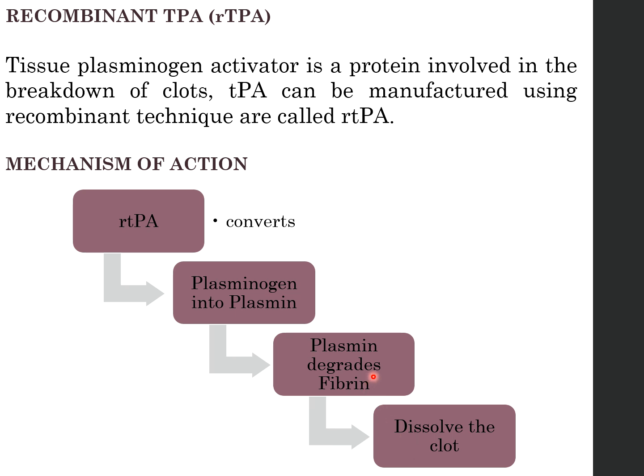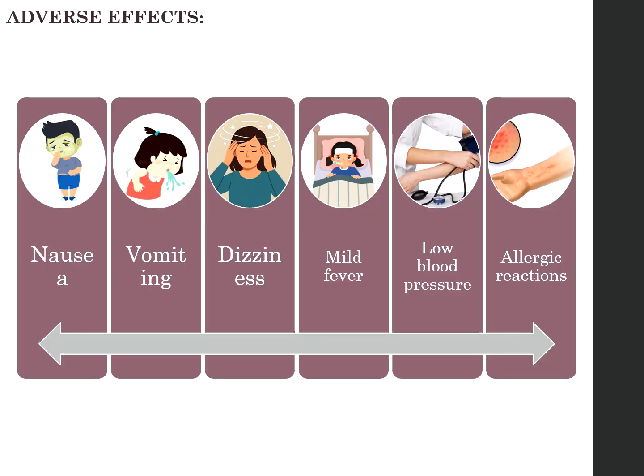This is the mechanism of action. Here the steps are very few. It directly converts the plasminogen into plasmin and that plasmin will degrade the fibrin clot. So within 2 steps we achieve the dissolving of the clot. So for rapid action in dissolving the clot we go with the recombinant tissue plasminogen activator.